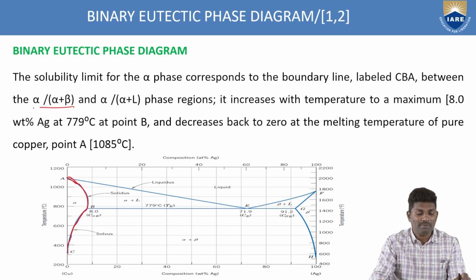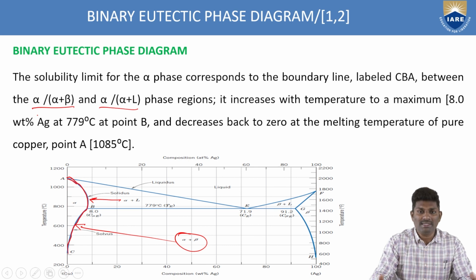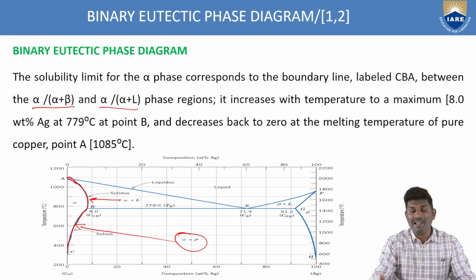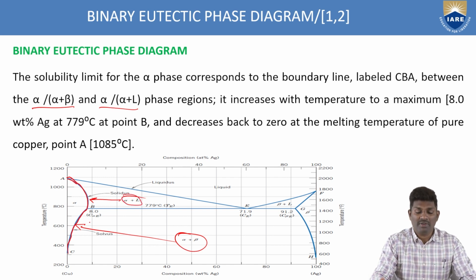Alpha by alpha plus beta and alpha by alpha plus L regions are there. This region is connected to this, and again the alpha plus L is connected to alpha. That's why this solubility line is limited to the phase region of alpha, in which you can identify the line CAB, which corresponds to alpha by alpha plus beta and alpha by alpha plus L regions. These are the regions you can see here, and these are linked up with this alpha region.